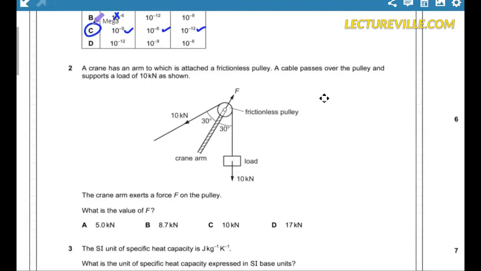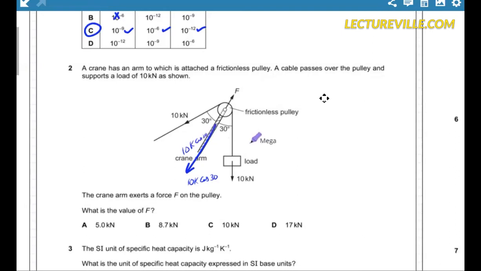Now we know when everything is in equilibrium, it means the total force exerted this way is balanced by the force F. So this force is actually the combination of two forces. One is 10K cos 30. The other one is 10K cos 30 as well.